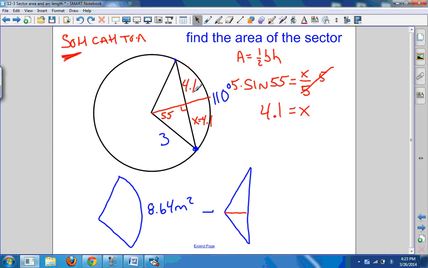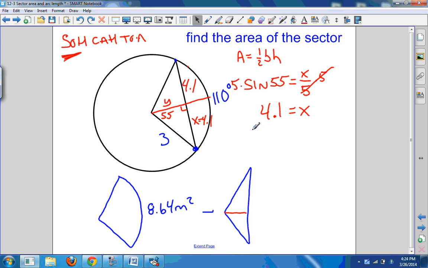We are missing this side here still. And we need that because in our triangle, we're going to use that as the height. So we can say the base is 8.2, but we need that height there. So to do that, we could use a couple different things. Let's say we'll call this y. We'll use this 3 again. So that is the hypotenuse, and the y would be the adjacent.